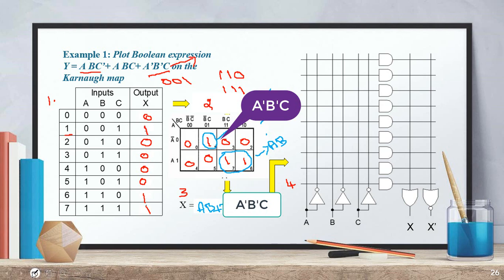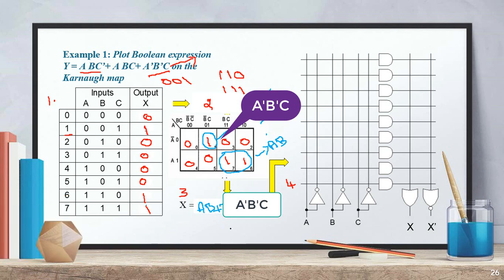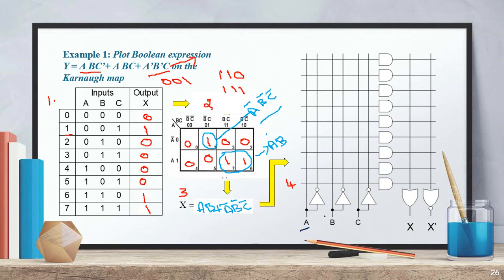For the circuit diagram, remember that in our case it is always either A or A bar that can be given. So in this template I have taken A as the first portion, then A bar after the inverter. This portion is B bar and this portion is C bar wherever necessary.